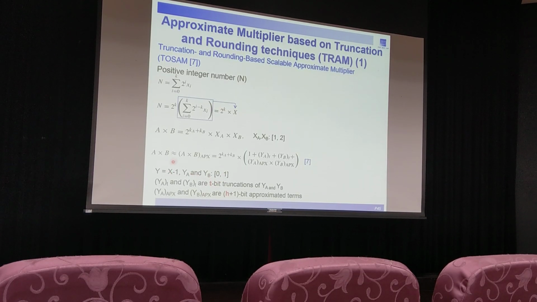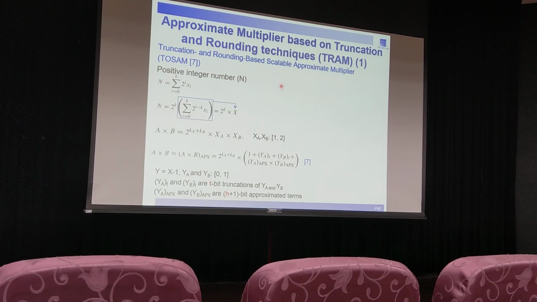So the equation can be transferred to here. In this equation, you can find YAT and YBT, and also YA approximate and YB approximate. YAT and YBT are T-bit truncations of YA and YB. YA approximate and YB approximate are H plus 1 bit approximate terms.